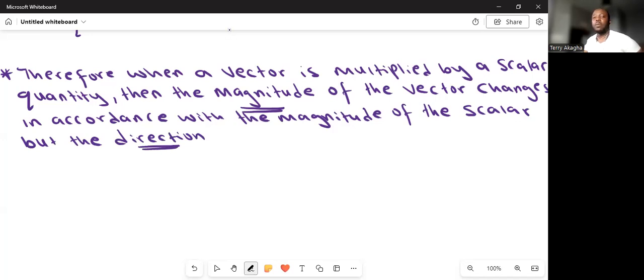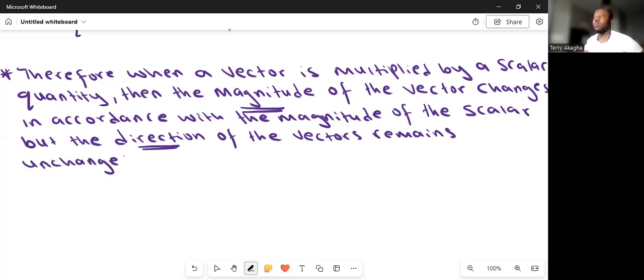Okay, the direction of the vector remains unchanged, except, so this is a big except.